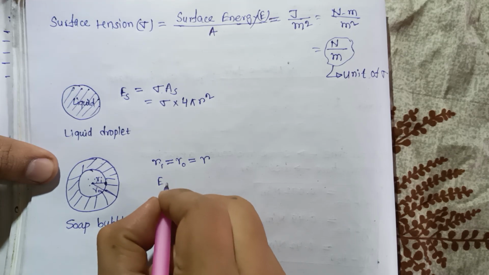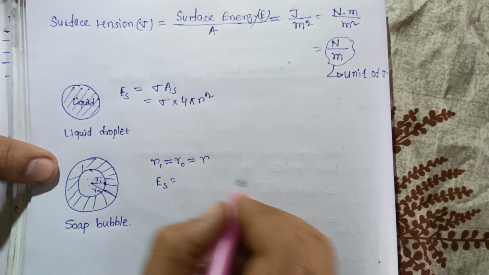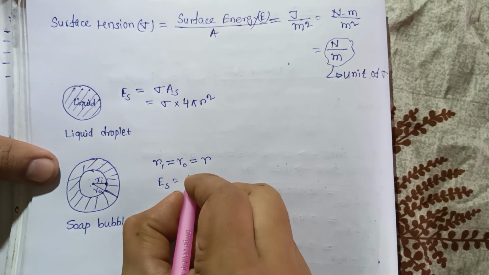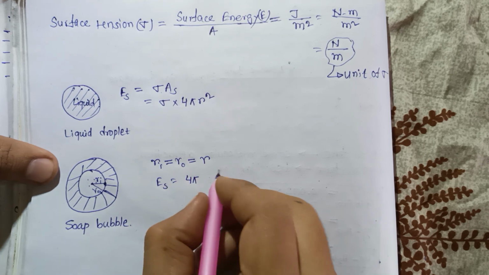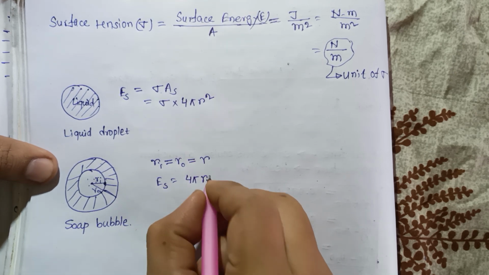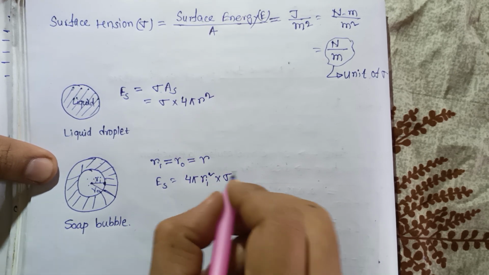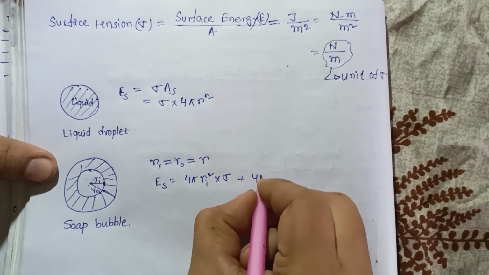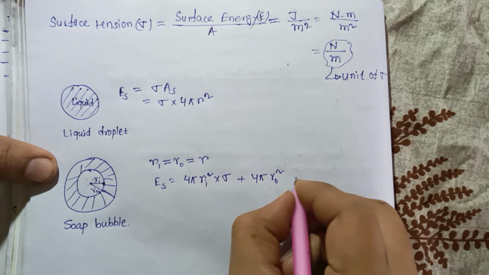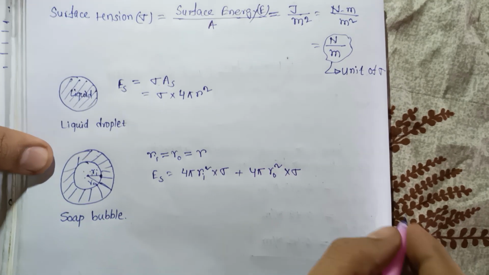So the surface energy Es is 4 pi Ri square into sigma plus 4 pi Ro square into sigma.